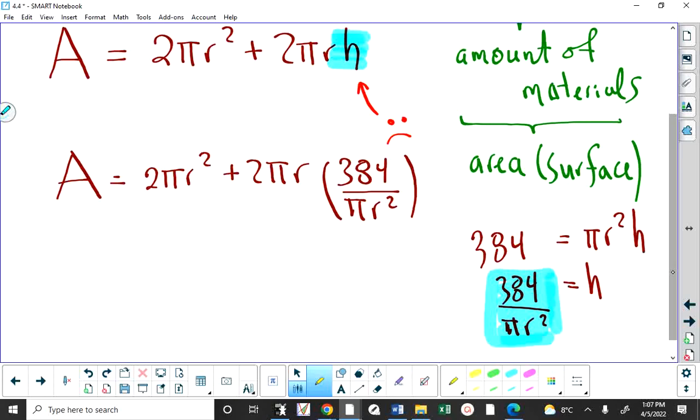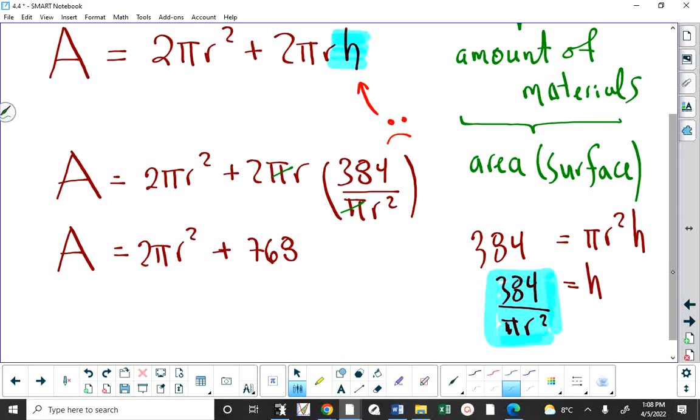All right, so let's simplify it. Of course, the golden rule is simplify before you differentiate. A equals 2 pi r squared plus, let's see, 2 times 384 is 768. So plus 768. What else happens here? The pi on the top cancels with the pi on the bottom.